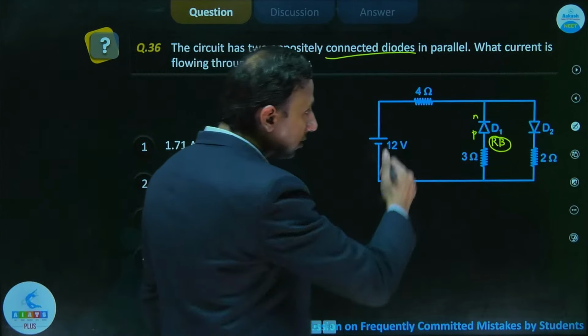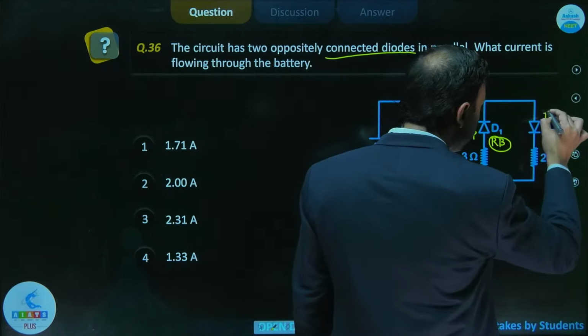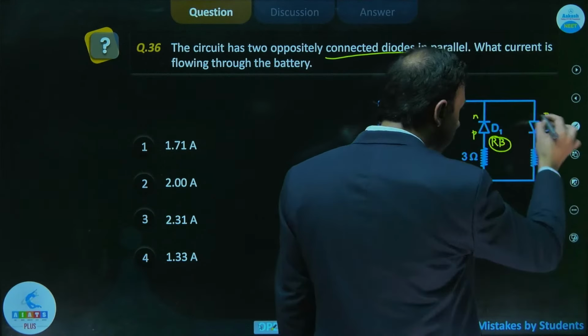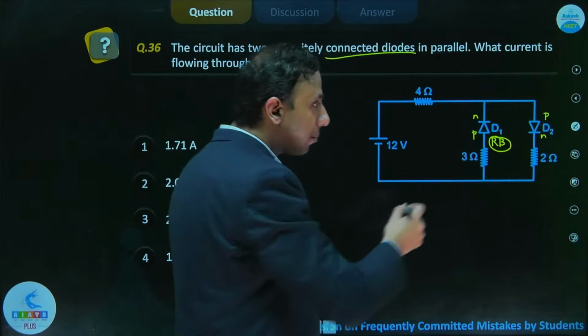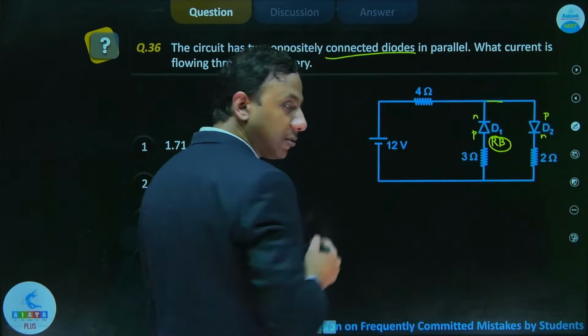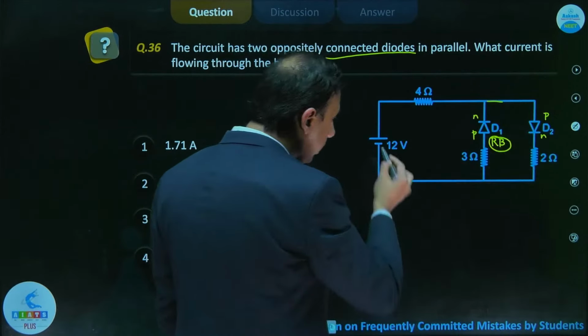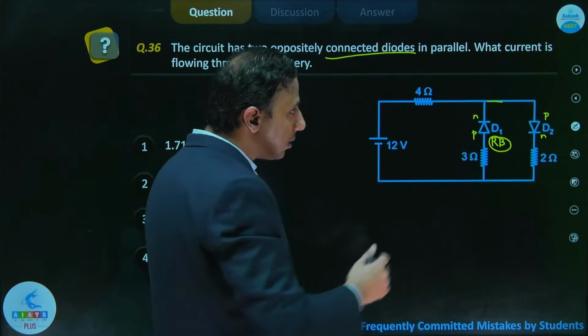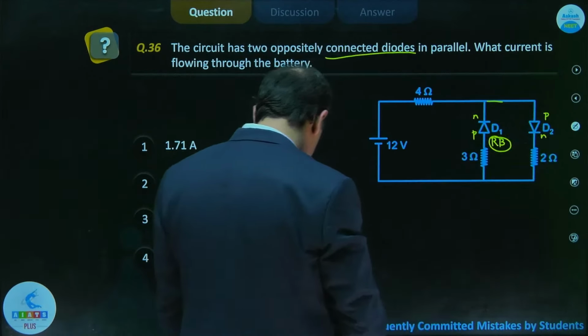Okay. Now what about this one? Here is your P side and this is your N side. This one, P is connected to the positive terminal of battery, while N is connected to the negative terminal. So therefore this we say is forward biased.